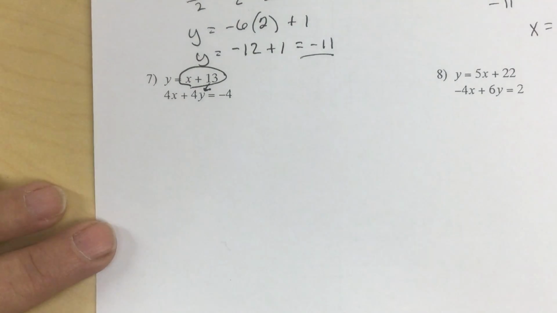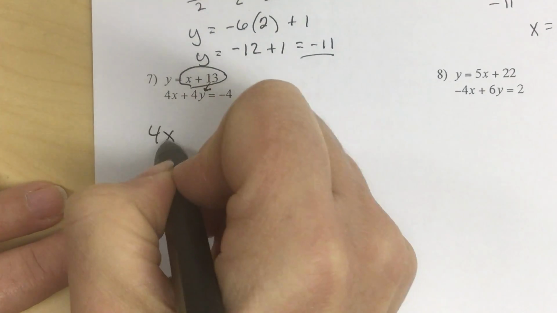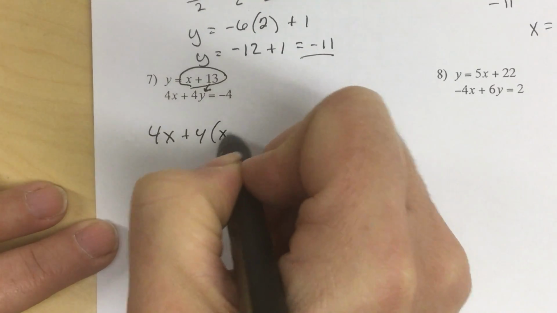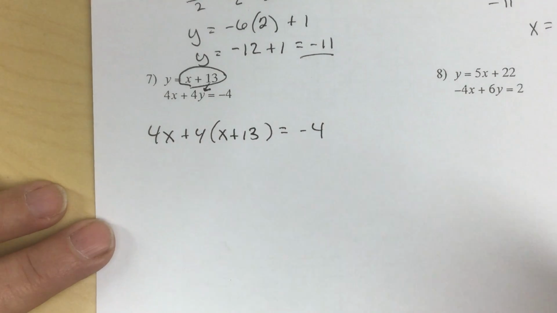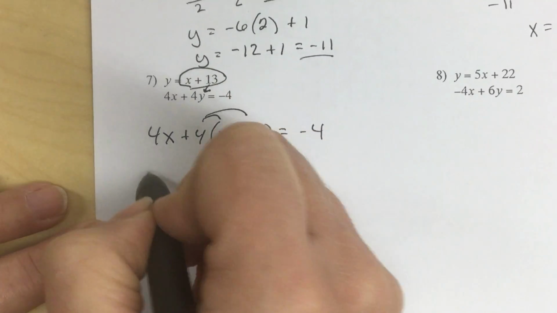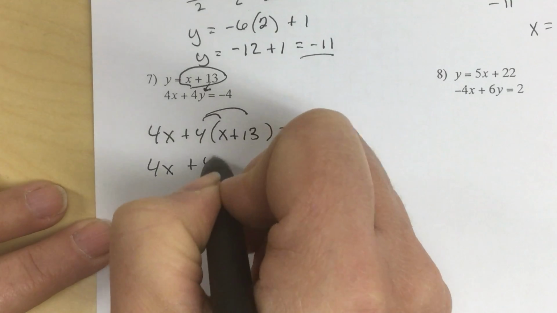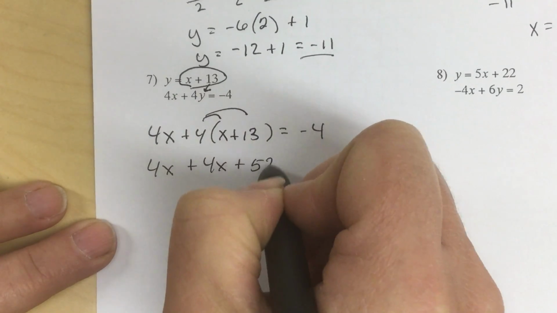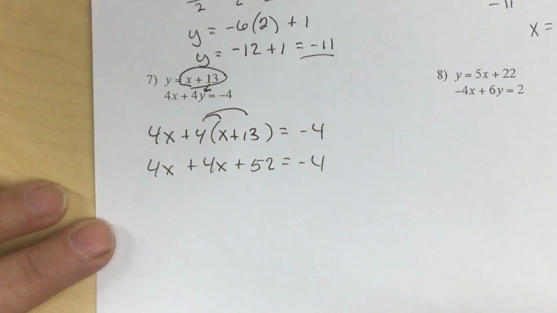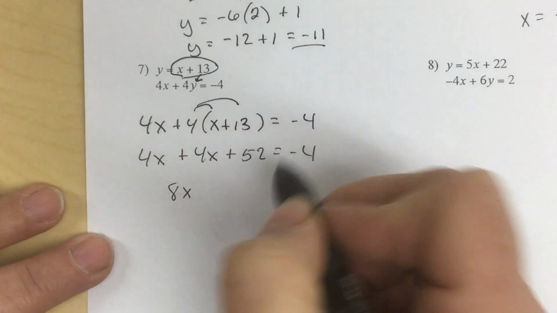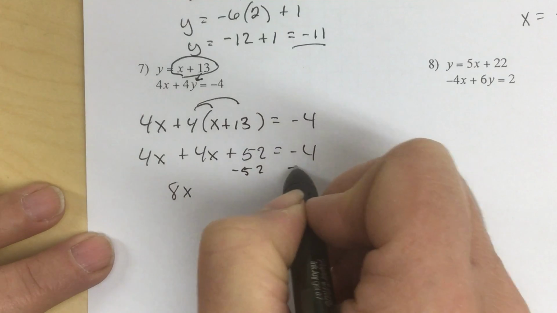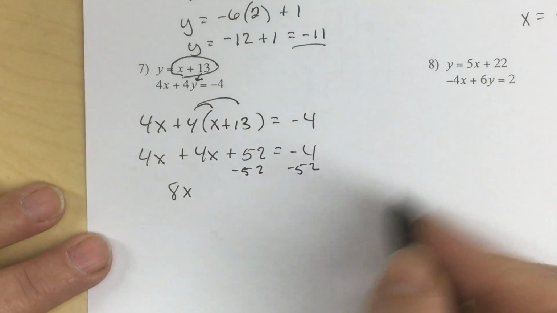Okay? So 4x plus 4 times x plus 13 is equal to negative 4. Then you're going to distribute. So 4x plus 4x plus 52 is equal to negative 4. Then we're going to combine like terms, 8x, and at the same time, I'm going to subtract 52 from both sides.